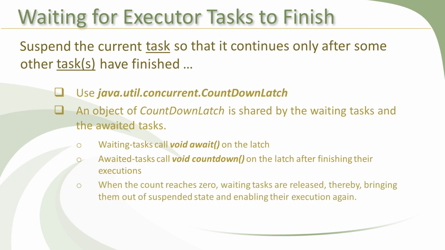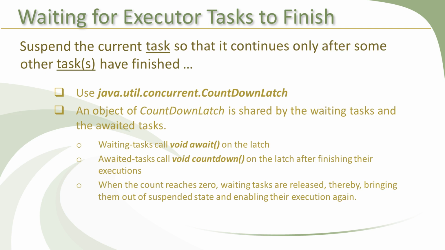When all the awaited tasks finish and each of them has called the countDown method, the count in the latch becomes 0. This releases all the waiting threads and brings them out of the suspended state so that they can continue their execution. Any subsequent calls on await return immediately. Note that there is nothing stopping a task from calling countDown more than once on the same latch object.